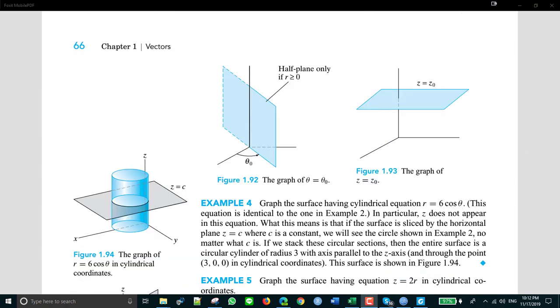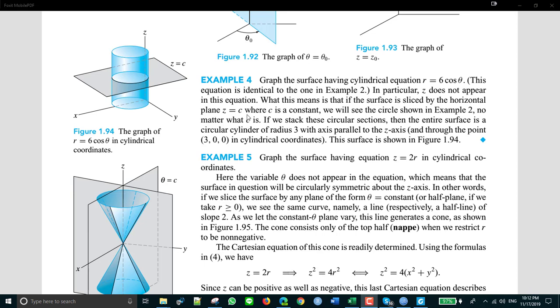In this example, they say, suppose we're working in cylindrical coordinates, so we're working in 3D, but we have this equation. What does it look like? Well, we already know what this looks like in 2D. It's that circle. And now this does not have any z in it, so z can be anything.